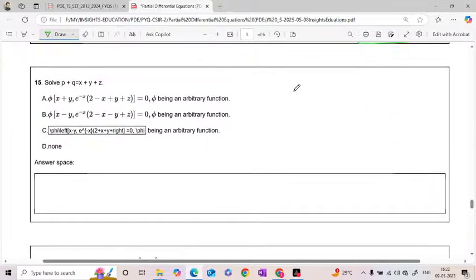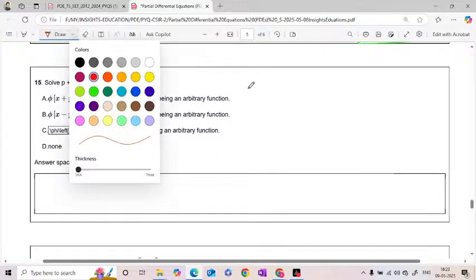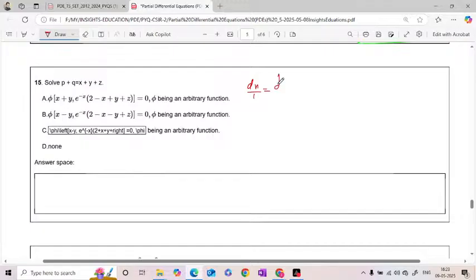Now P plus Q is equal to x minus y, x plus y plus z. Now which of the following is the solution of this differential equation? Now the auxiliary equation here: dx by 1 and dy by 1.